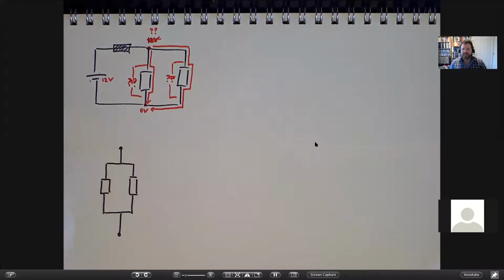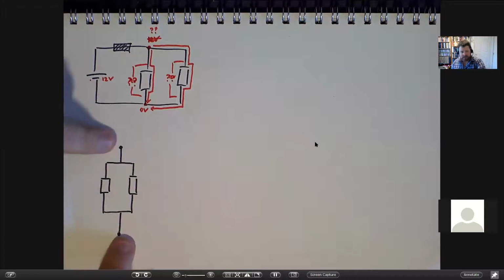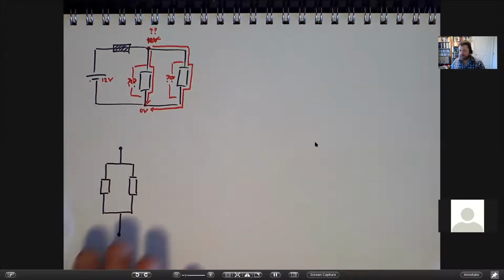All right, and we can imagine the whole rest of the circuit is over here, but we're just going to look at this section here, and we're going to apply Ohm's law in a kind of clever way, using just general voltages and general resistances to get a rule for what the overall resistance of this is.